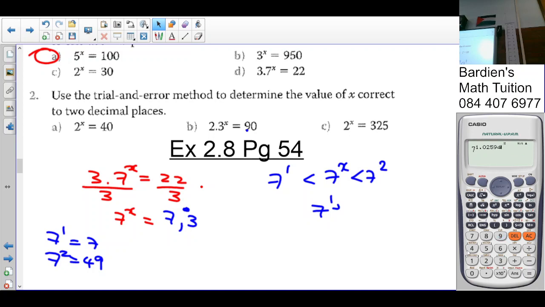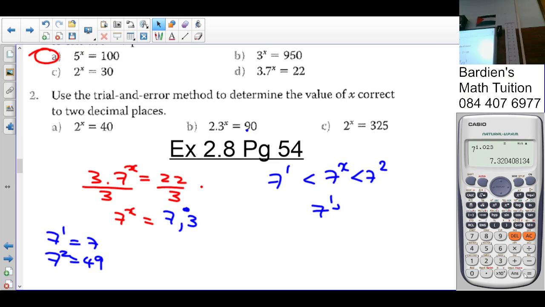That's still over. I'm just trying to keep it under. Change that to a 1.03. Can you see it's just under?